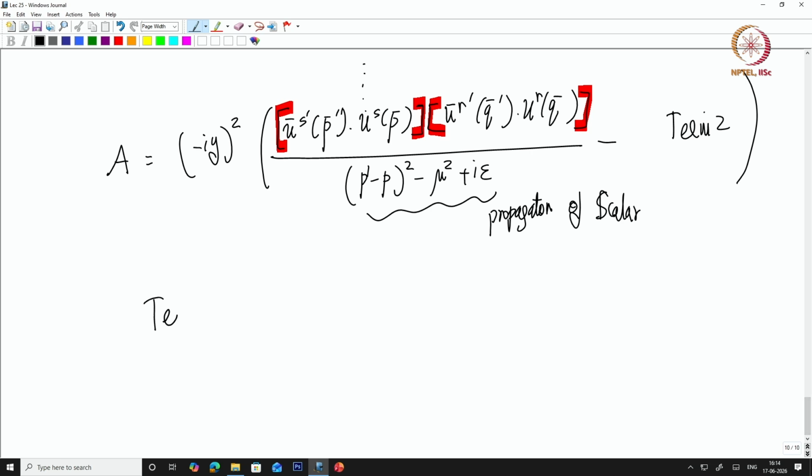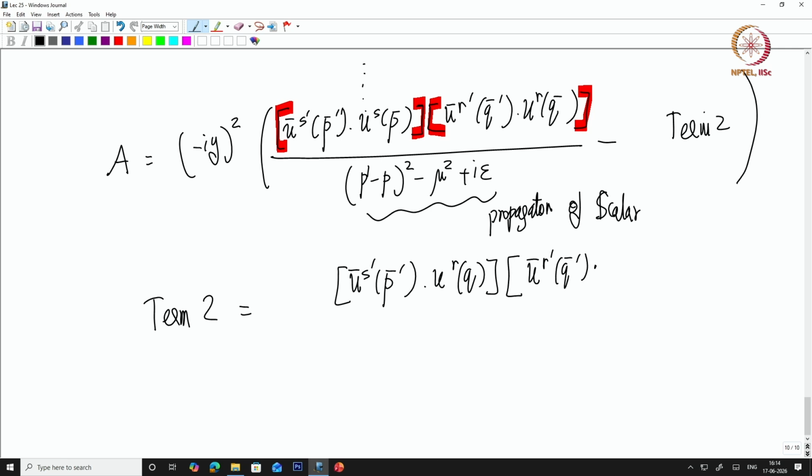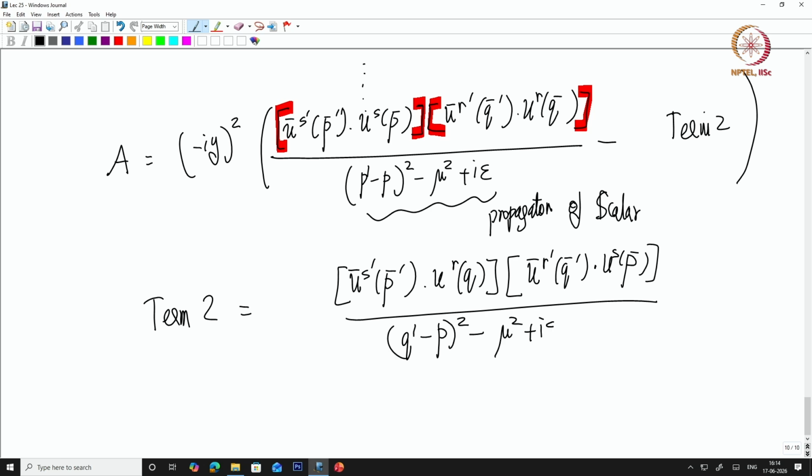Term 2 is u bar of s prime, p bar prime, dot u of r, q, and then u bar of r prime, q bar prime, dot u of s, p, whole divided by (q prime minus p) whole square minus mu square plus i epsilon.